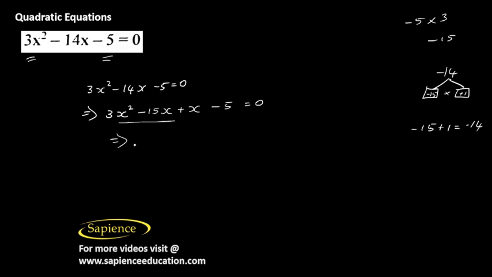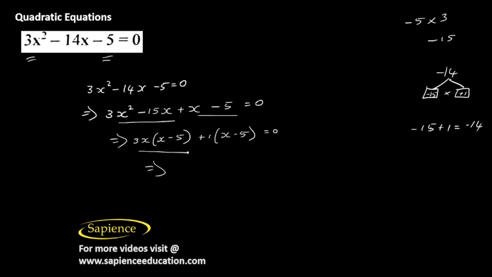Now from the first two terms we take 3x common. So 3x into x minus 5, sorry, not 5x, just 5. If 3x went away from minus 15x, only 5 will be remaining. And from the next two terms, we should just take 1 outside. So we will get x minus 5 inside the bracket.